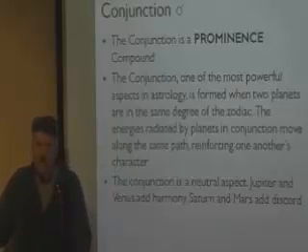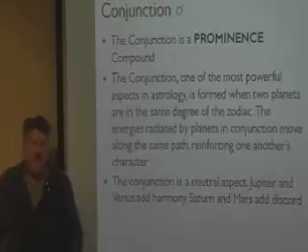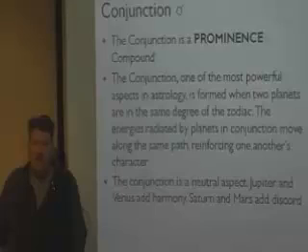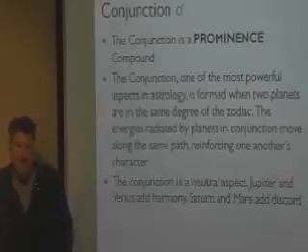However, some of the information that I share with you tonight will be applicable when you study progressions. The difference is, when we're doing progressions, we only allow a 1-degree orb of aspect, regardless of whether it's a luminary or a planet, or what house the aspect is taking place in.